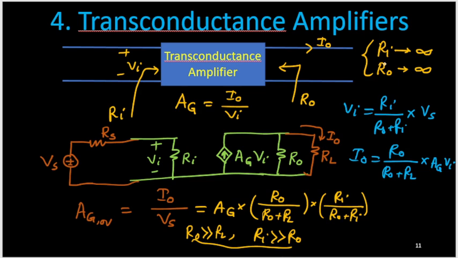Right now for this transconductance amplifier, Ri and R naught are not very high, they are in the kilo ohm range. Can I make them mega ohm range? If so, obviously it will become a better transconductance amplifier. Feedback circuits can help us. I'll show you the topology to make input resistance and output resistance high for this transconductance amplifier.